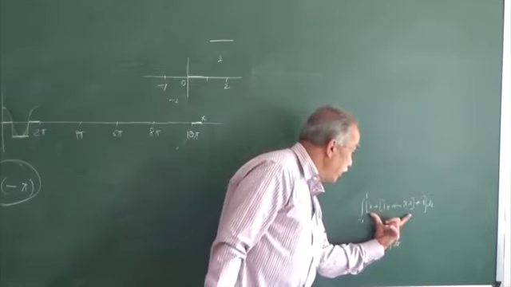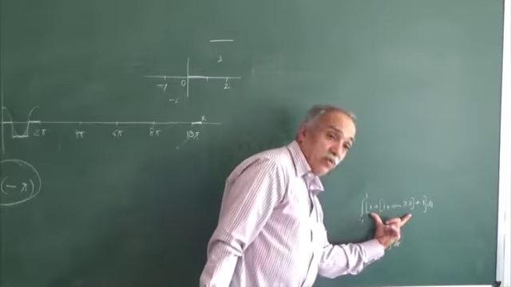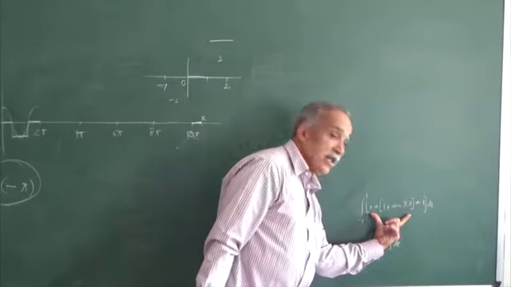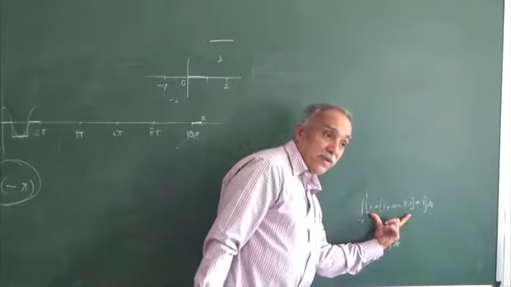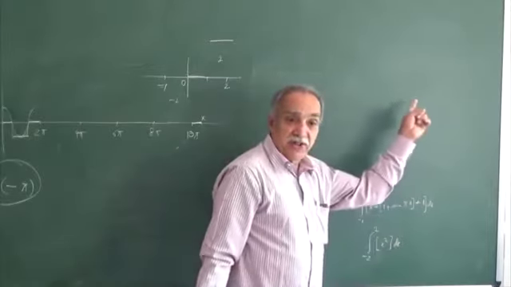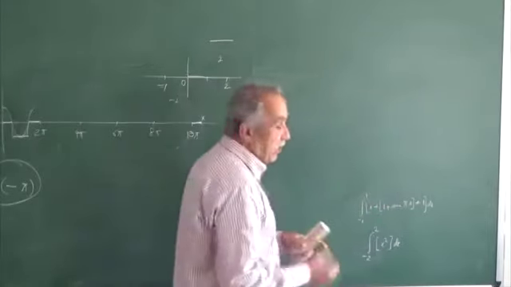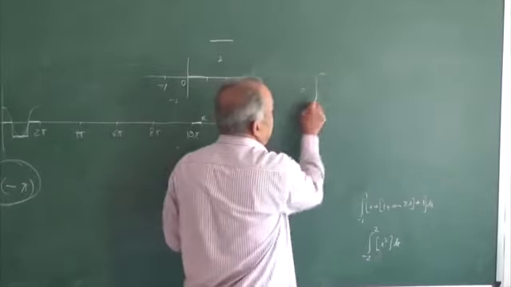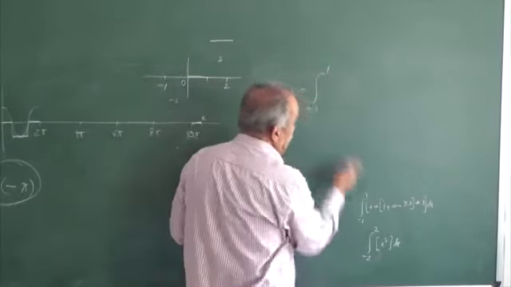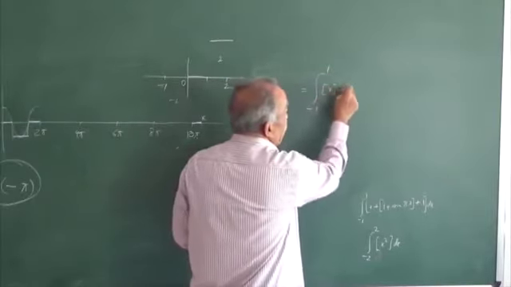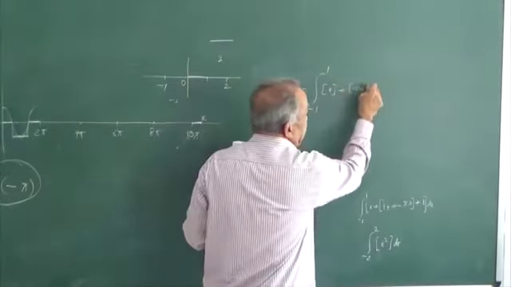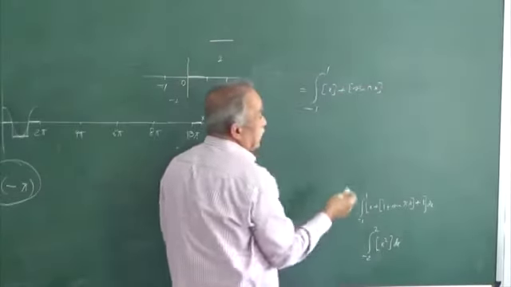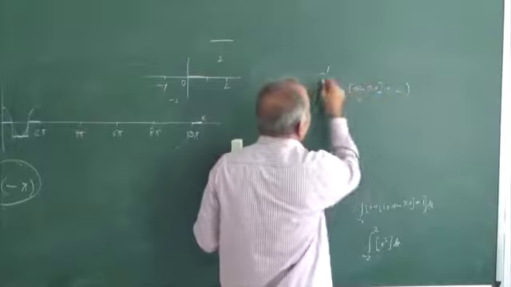So, inner argument will be x plus 1 plus integer part of sin pi x plus 1. Again, using the property, I get the integrand as integer part of x plus integer part of sin pi x plus 1 plus 1, that is 2.